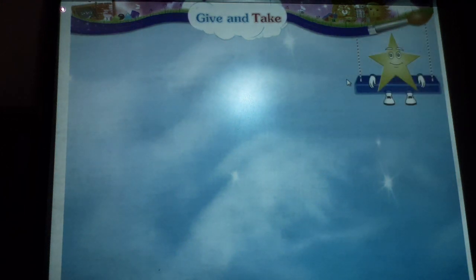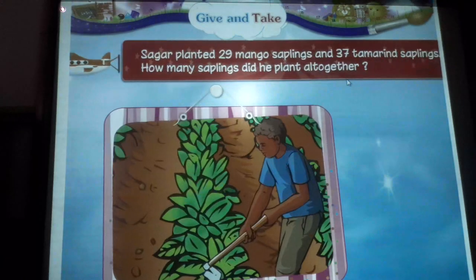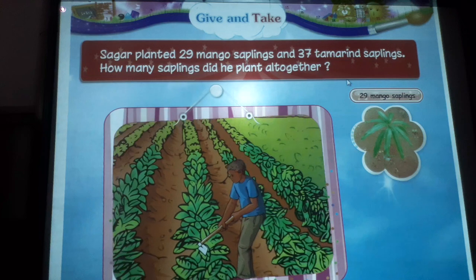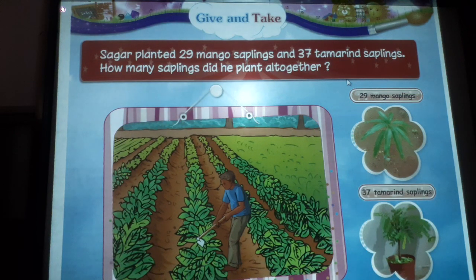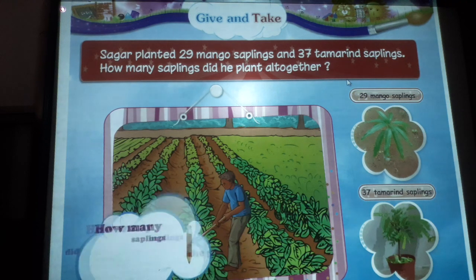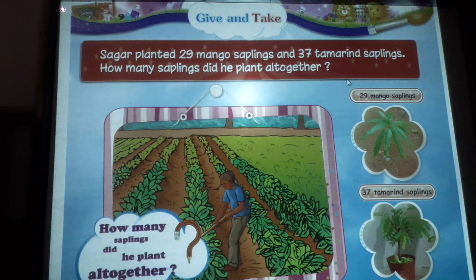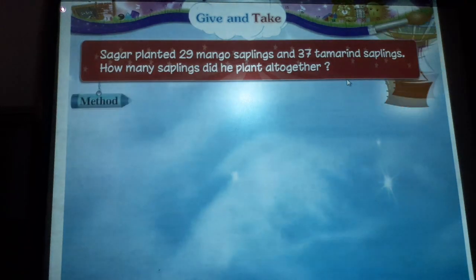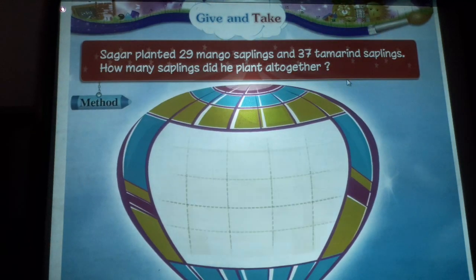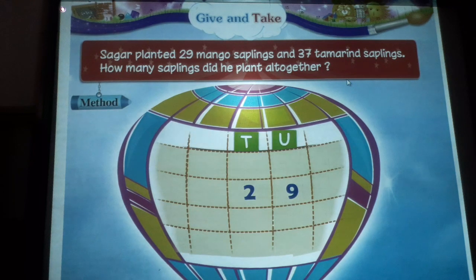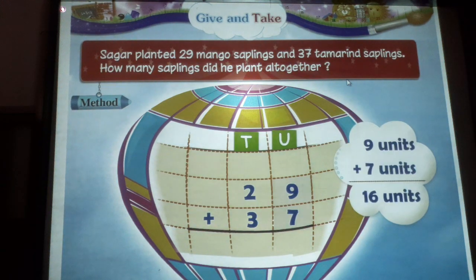Look at the next example, Starry. Sagar planted 29 mango saplings and 37 tamarind saplings. How many saplings did he plant altogether? Starry, we will have to add the 29 mango saplings and 37 tamarind saplings. 9 units and 7 units make 16 units. 16 units is 1 ten and 6 units.